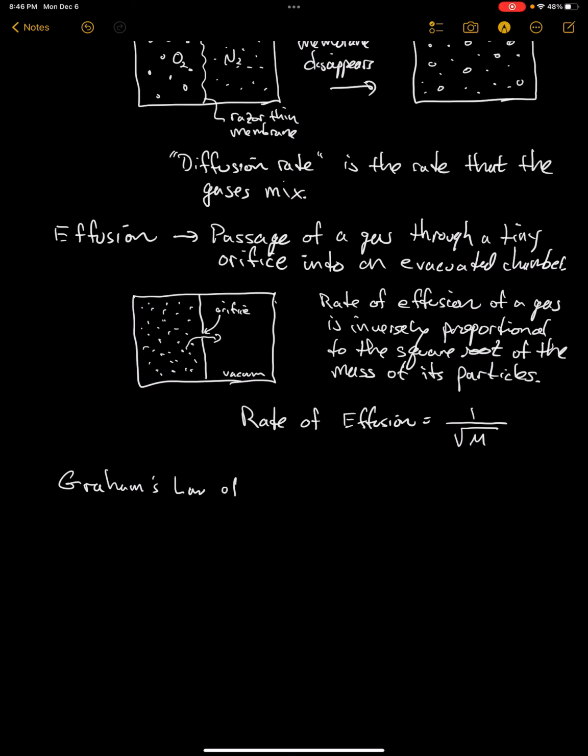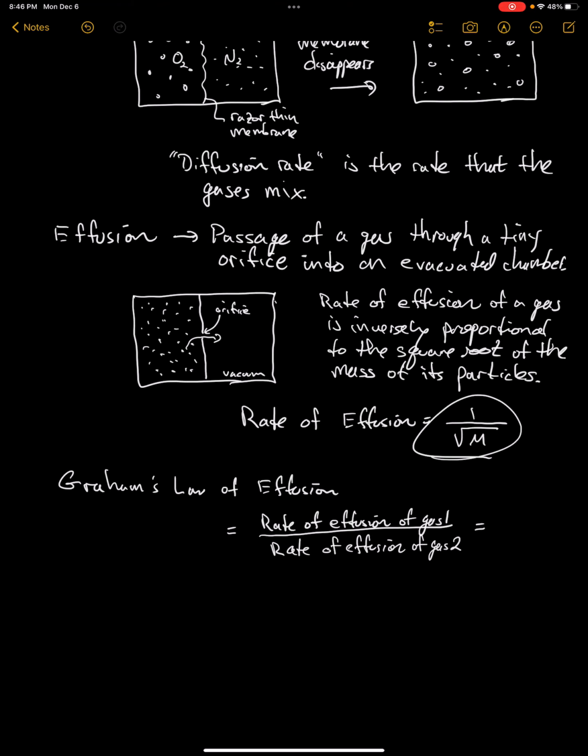So Graham's law of effusion basically states that the rate of effusion of gas 1 is proportional to the rate of effusion of gas 2, and based on the definition of the rate of effusion, that would then mean that the square root of the molar mass of gas 2 divided by the square root of the molar mass of gas 1 would summarize Graham's law of effusion.